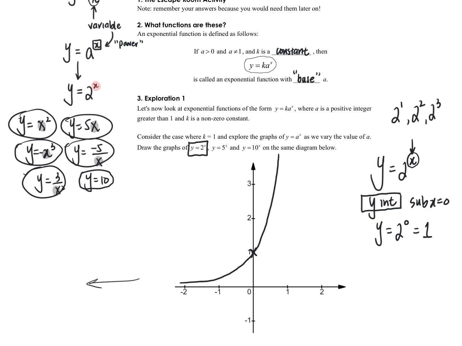You raise it to that power, you will never get 0. So for an exponential graph, it will always lie above the x-axis. Yes, the x-axis. So this is your y equals 2 to the power of x.